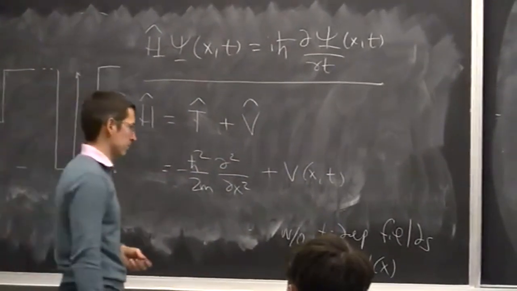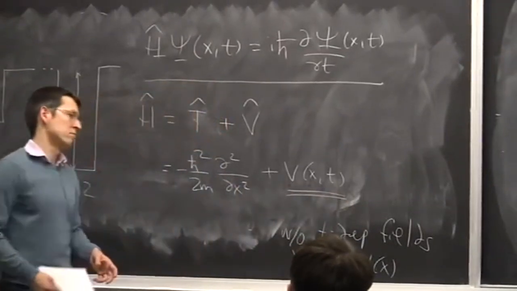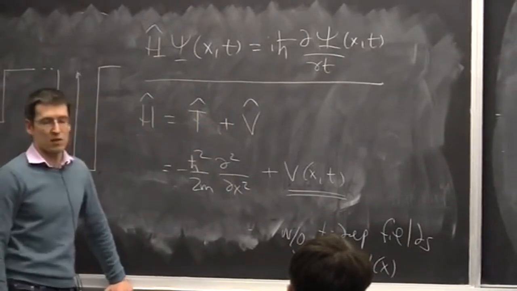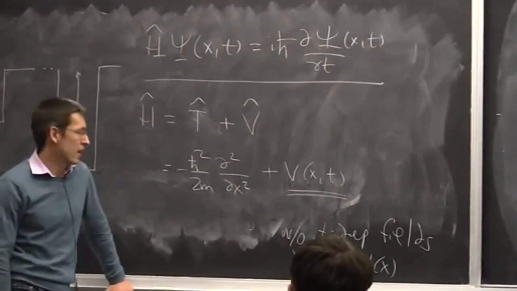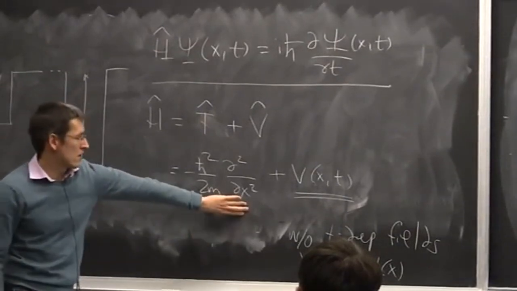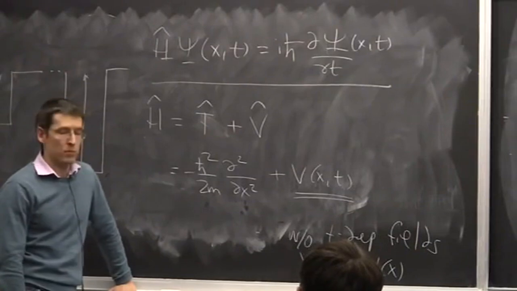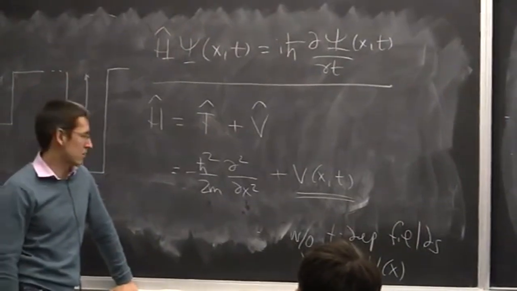In that sense, there is nothing really different from classical mechanics when it comes to the potential part. But the kinetic part may seem very different from what we would expect from the classical perspective.